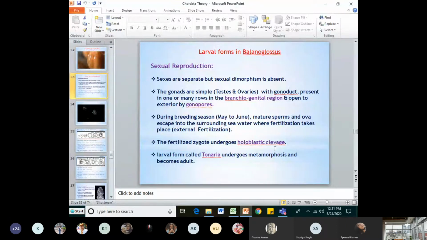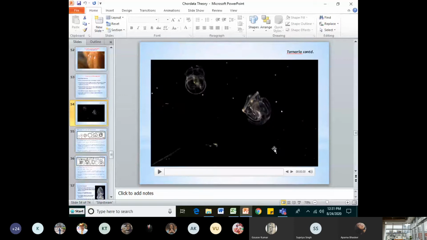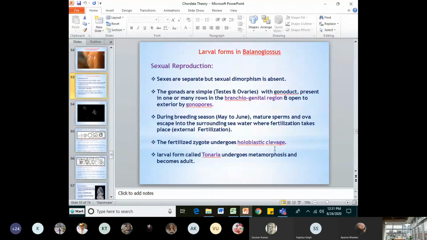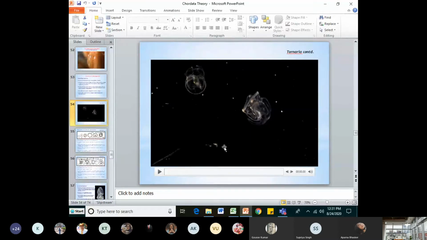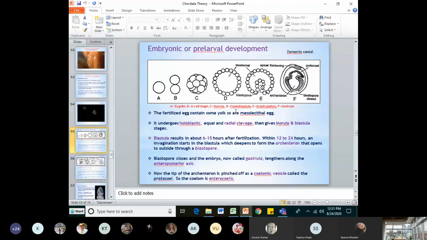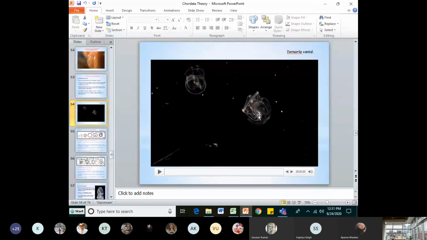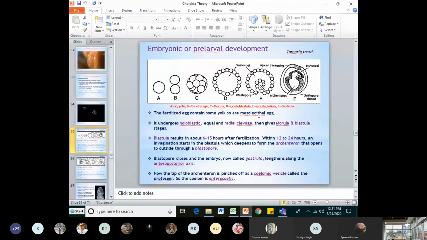They do not show sexual dimorphism, but there are males and females, recognized only when we cut open the animal and see the structure of the gonads. And we had studied the Tornaria larva, how they float, how they swim, and how they use their telotroch and the other ciliary bands.